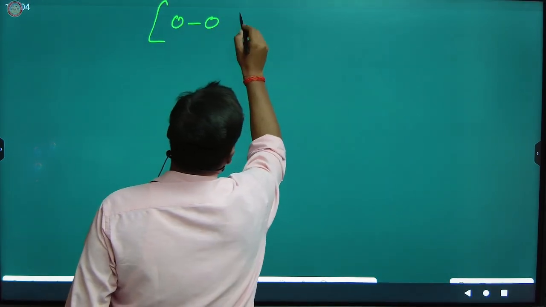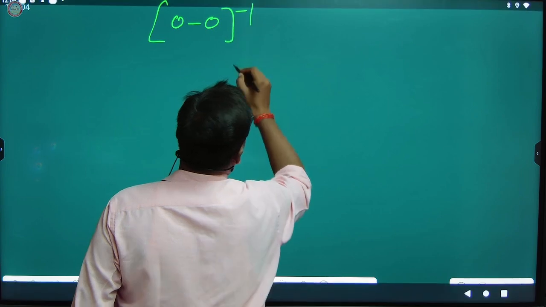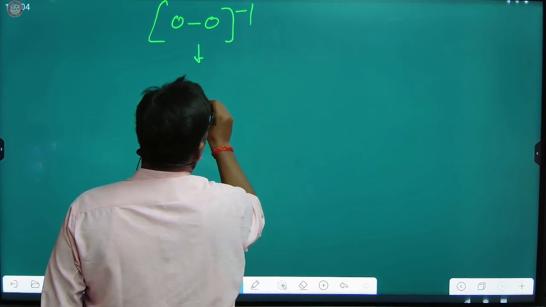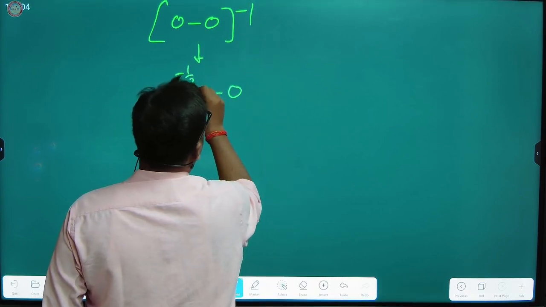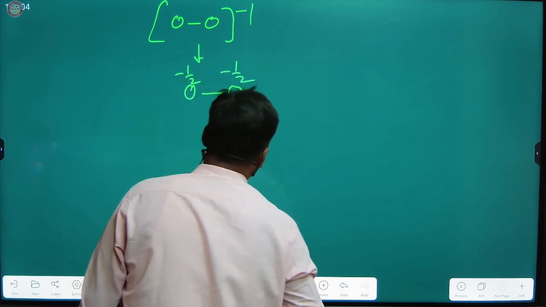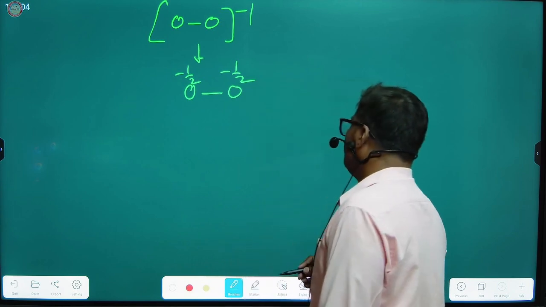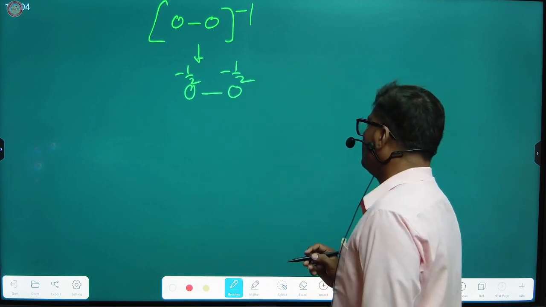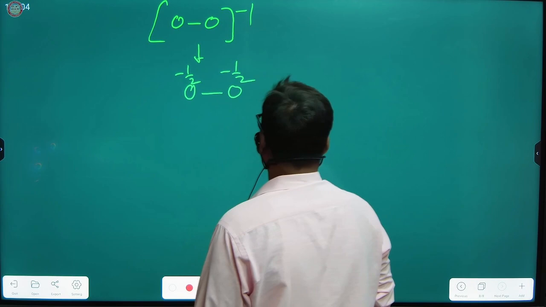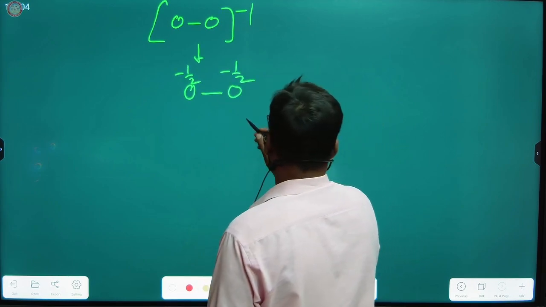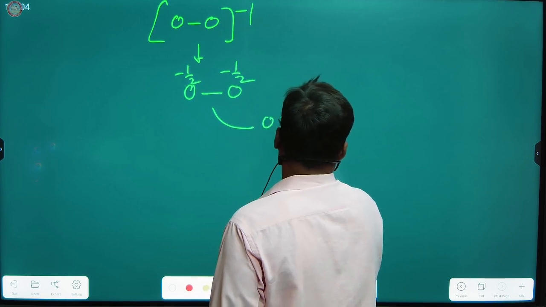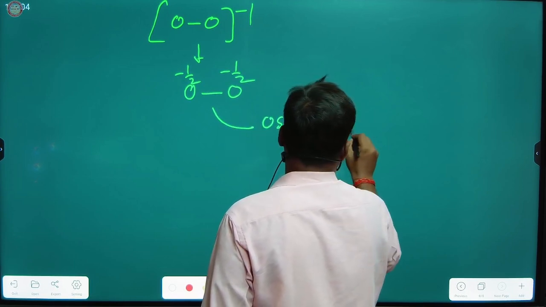Overall 1 minus means O bond O, minus half and minus half, right? So the charge is equally distributed. So the oxidation state of oxygen in superoxide is equal to minus half, right?